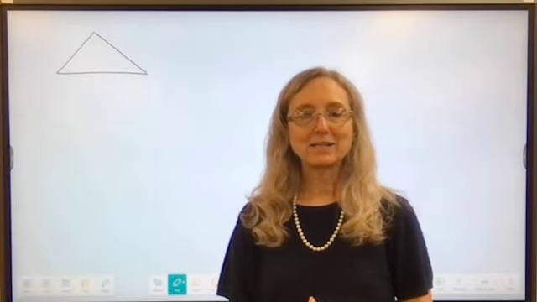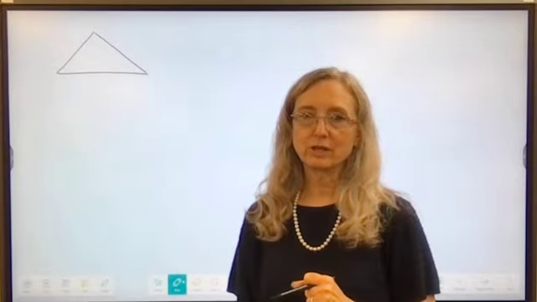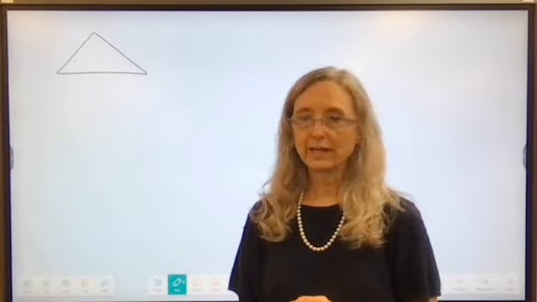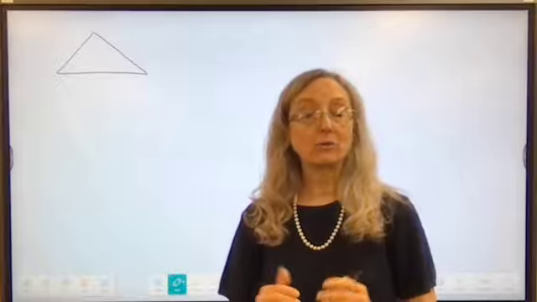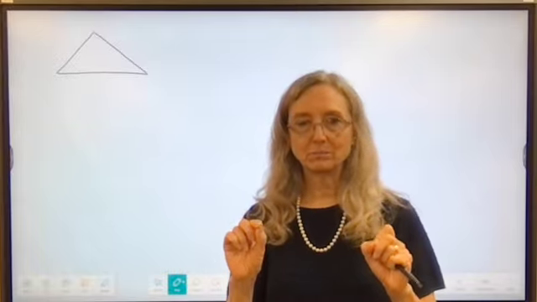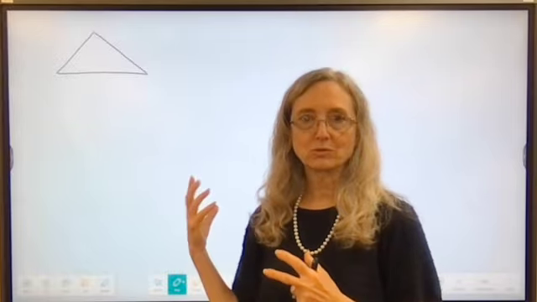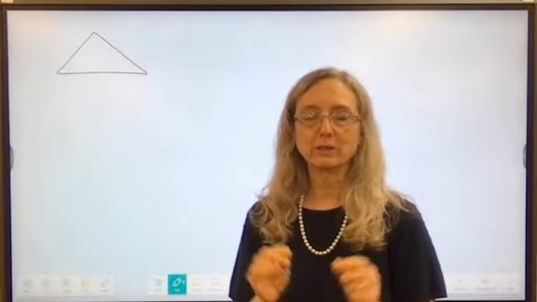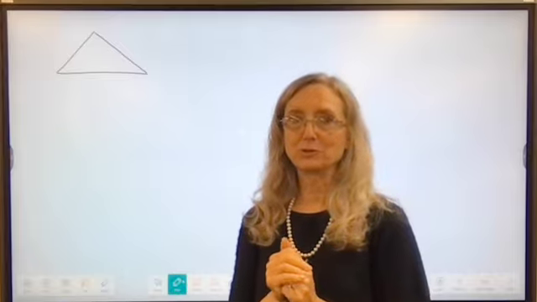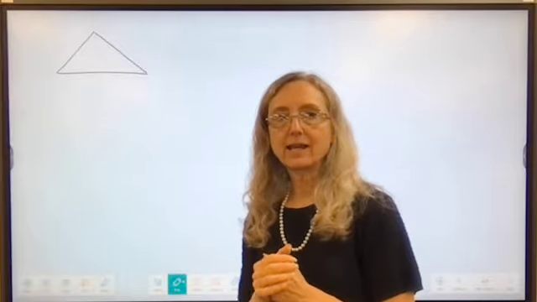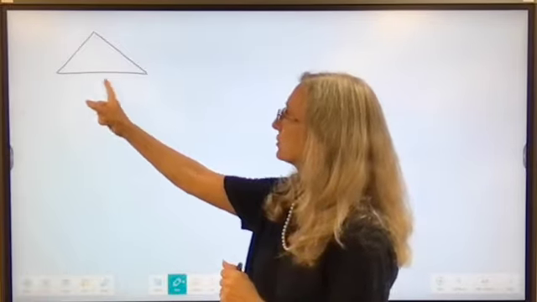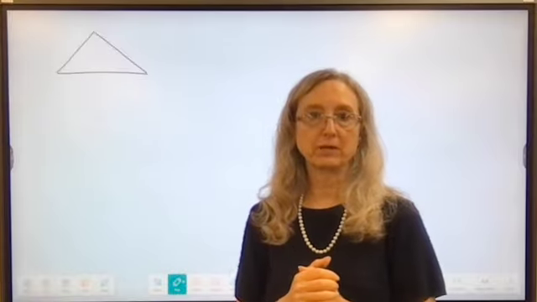So let's say I am asked to construct a triangle that is congruent to this triangle. I would get out my straight edge and my compass, which I cannot use with this board, unfortunately, but I'm going to pretend like I have those tools. Let's say I start by constructing this bottom side.